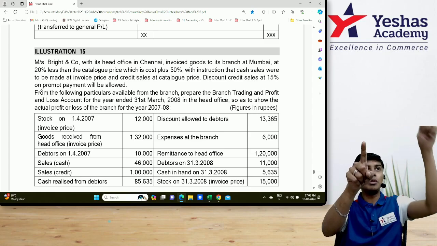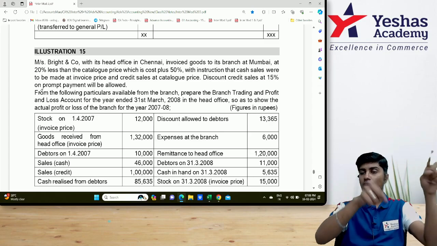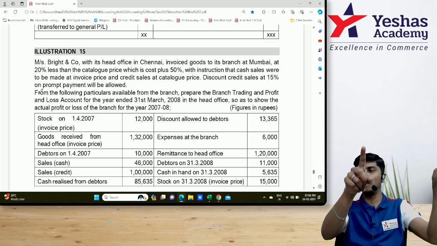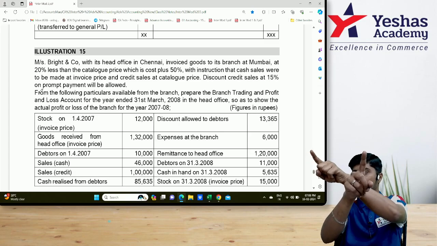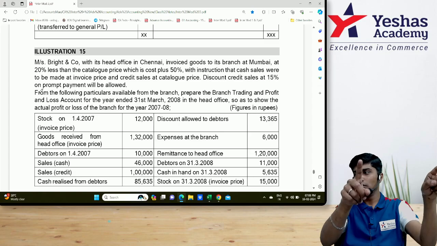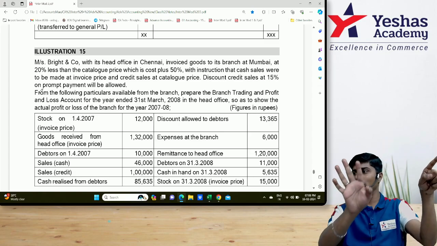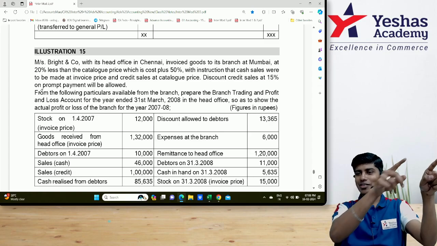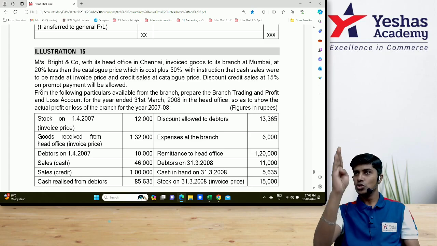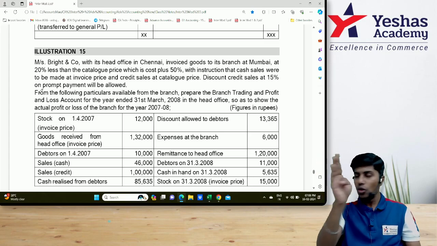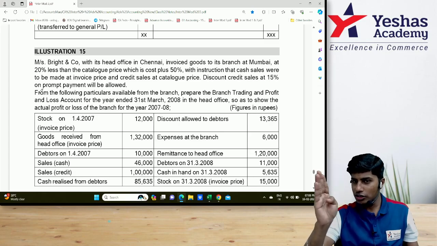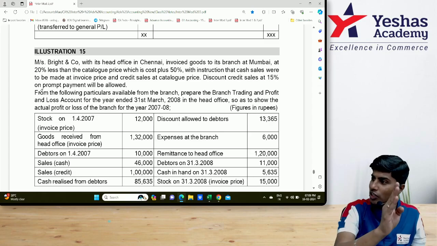Cost price plus 50% is catalog price. 20% of 150 is 30, and 150 minus 30 is 120. So 100 cost, 120 invoice price, 150 catalog price.